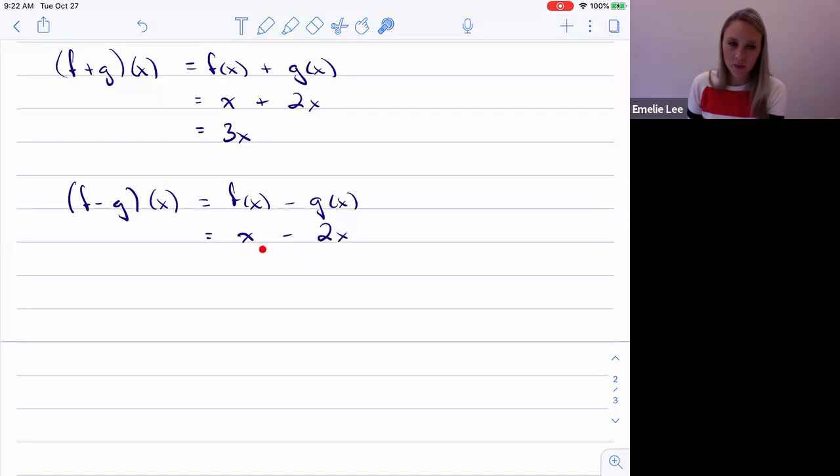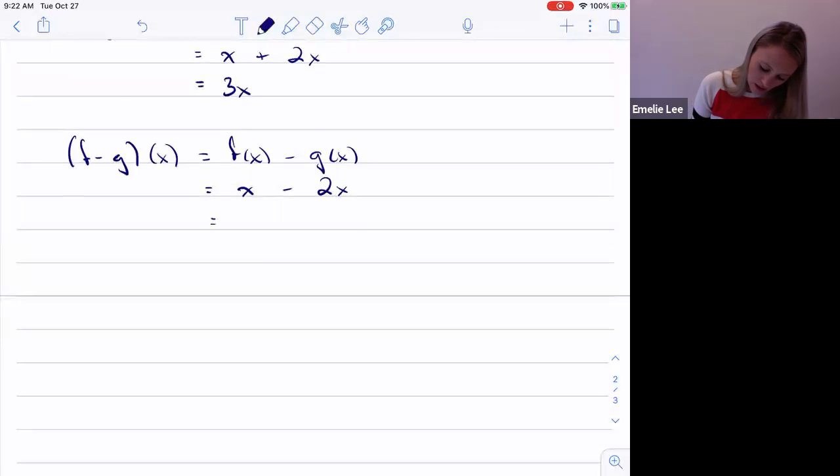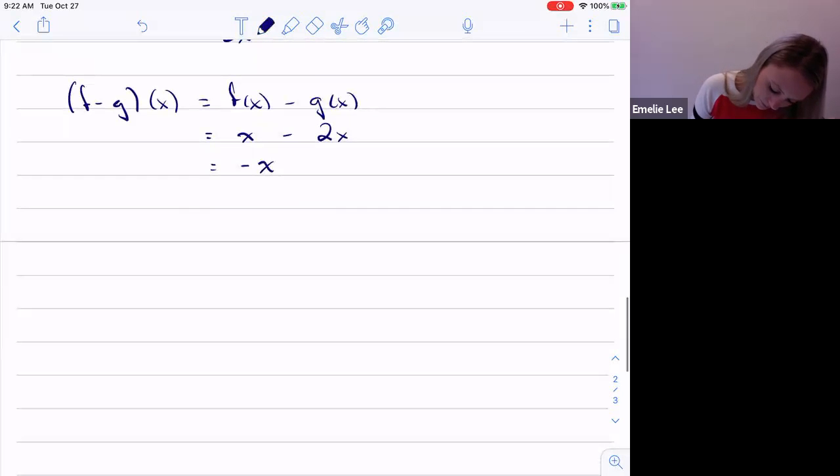So it's important that we use the same order. And so x minus 2x puts me at negative x, whereas if I had g minus f of x, the domain would be the same, but I would have 2x minus x, which would just be x. So it makes a difference.